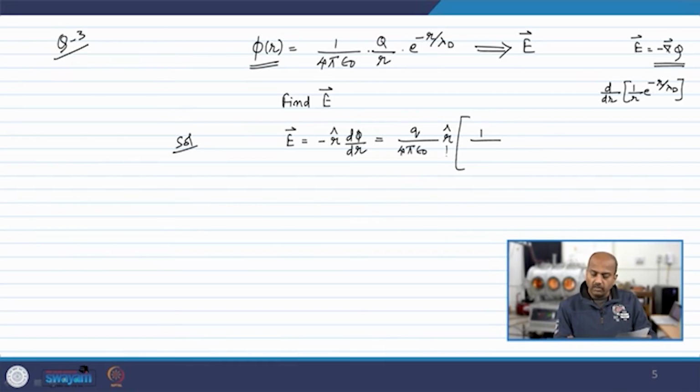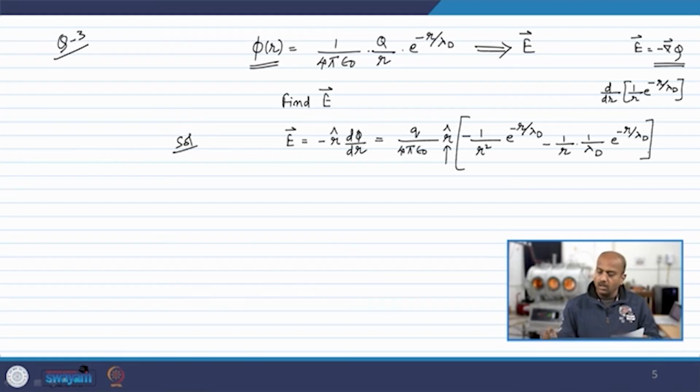The direction is already given, r cap. So, this is uv, d by dr of uv, udv plus vdu. So, that is what I am going to write here: minus 1 by r square e to the power of minus r by lambda d minus 1 by r into 1 by lambda d e to the power of minus r by lambda d.